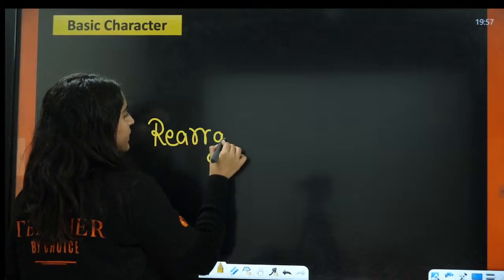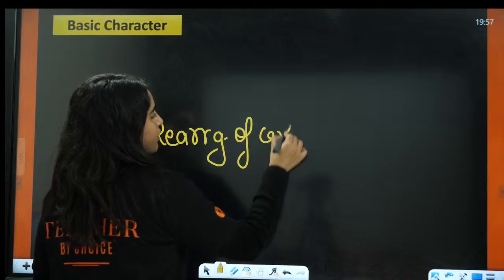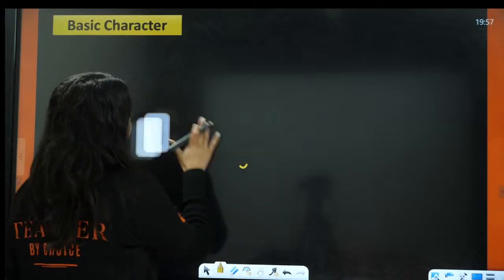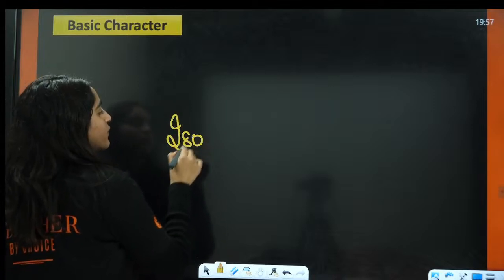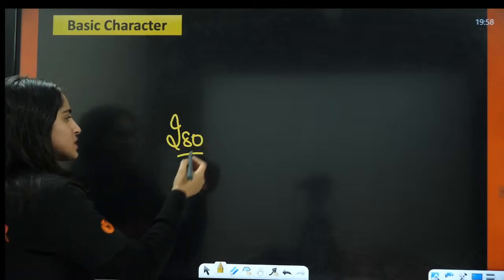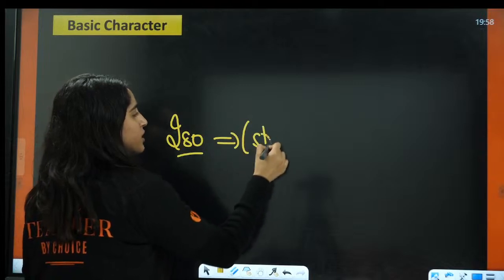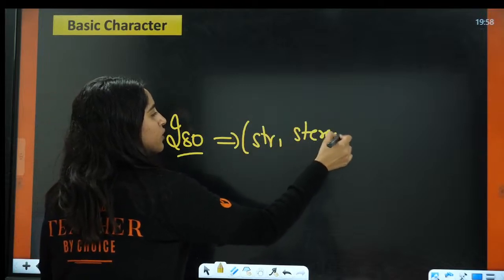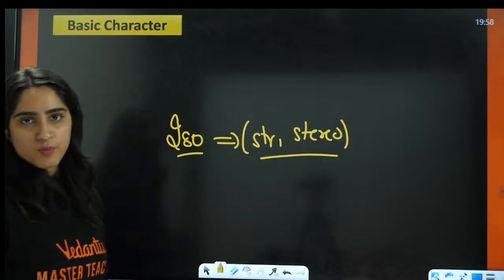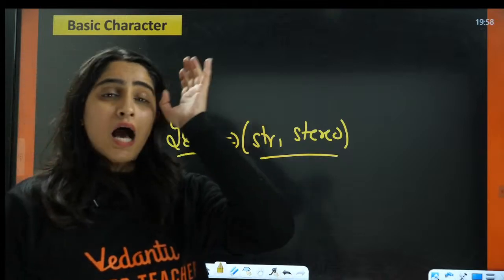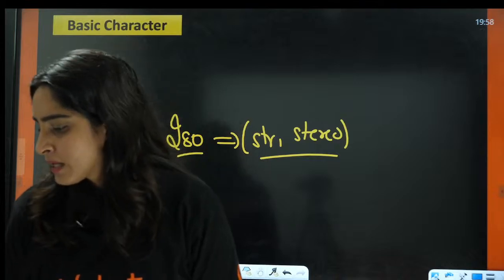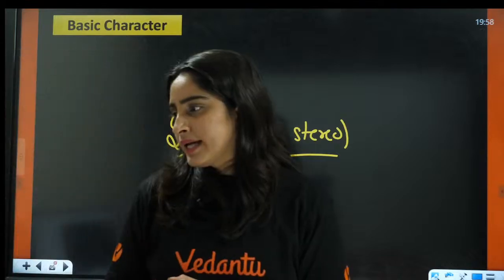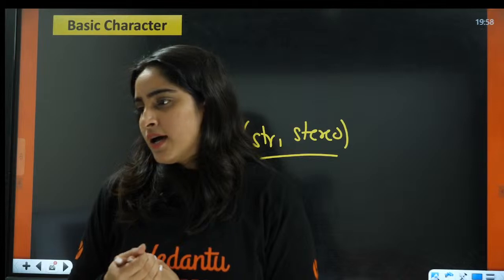Firstly, we will do isomerism, structural and stereo. After that, we will do rearrangement of carbocation and all the intermediates. Okay, everyone? Clear?